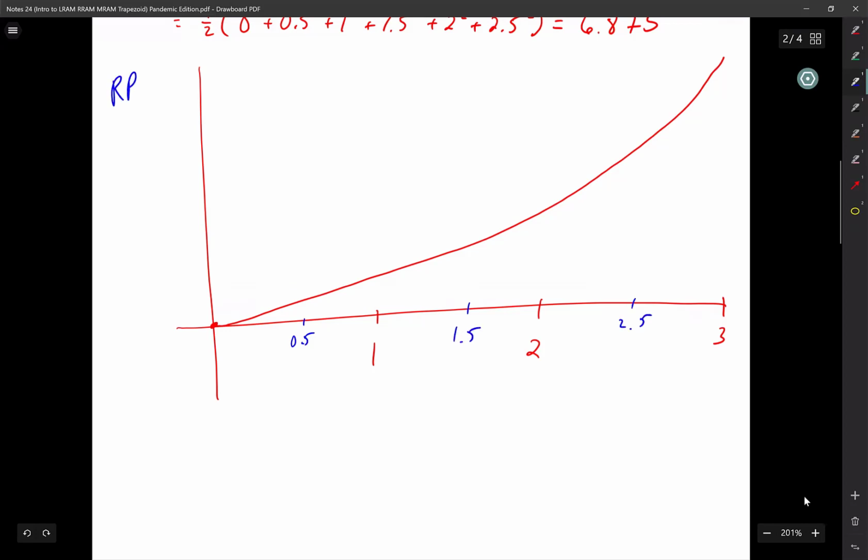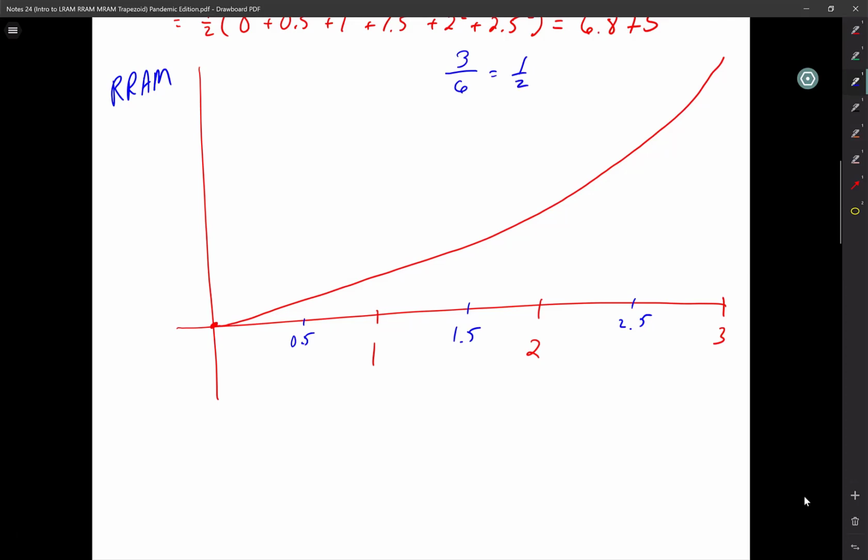And I'm doing rightmost. Again, you already know that the width of each rectangle is a half, because the interval is 0 to 3 and I want 6 rectangles.